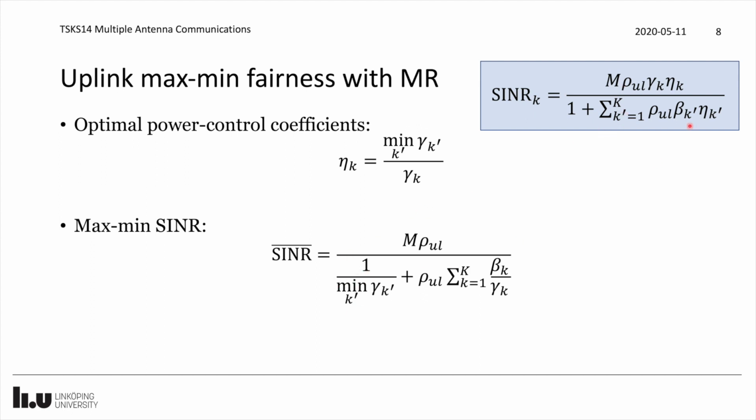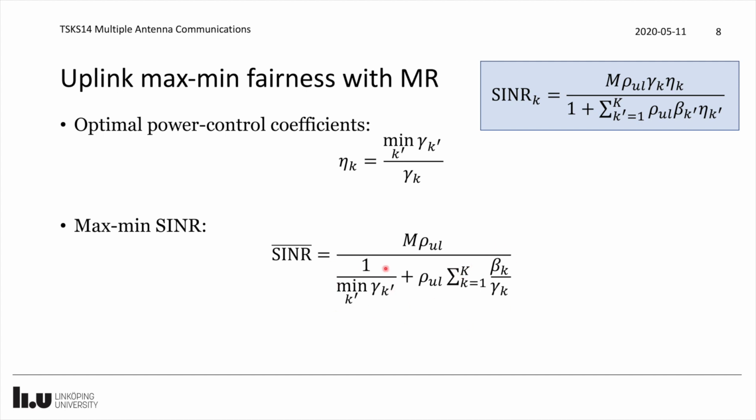Apart from that, we have rho uplink, a beta term with the same index as the summation index, and from this eta we get a divided by gamma term here, and then we have this minimum term, since we divided every term in this SINR expression with the minimum of gamma, so we move it here.